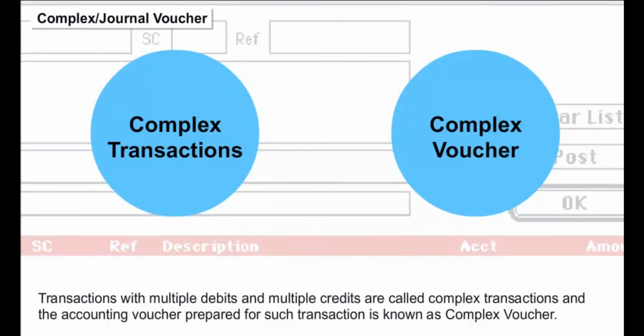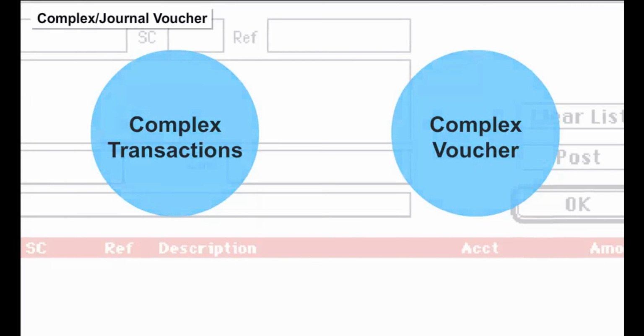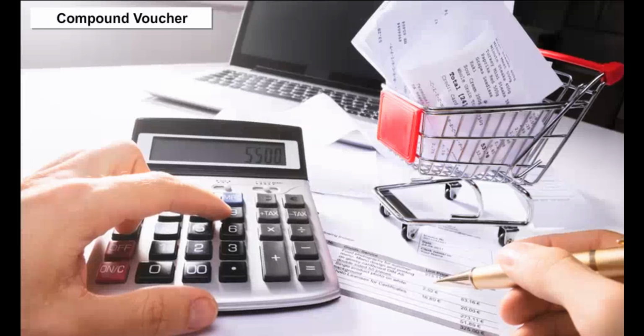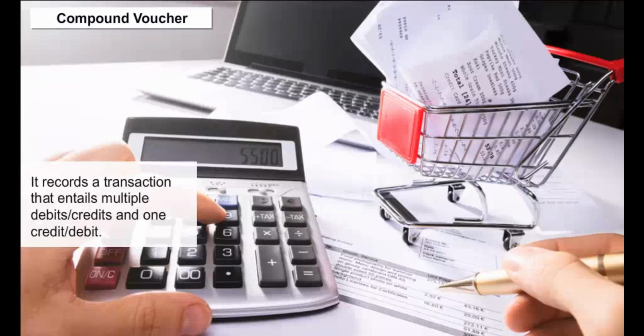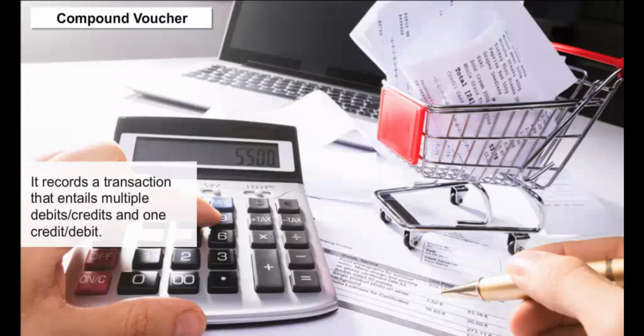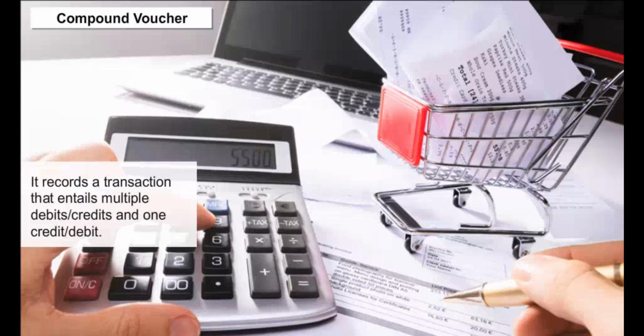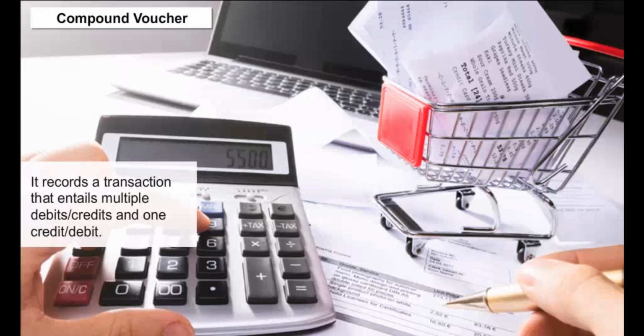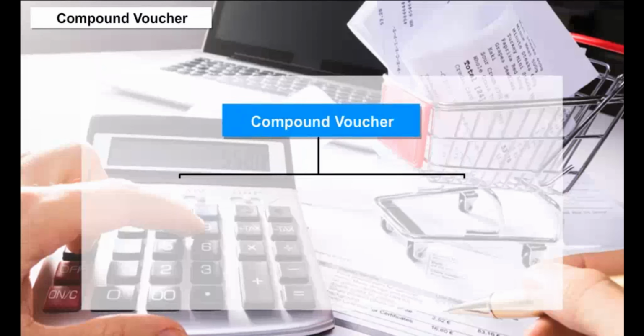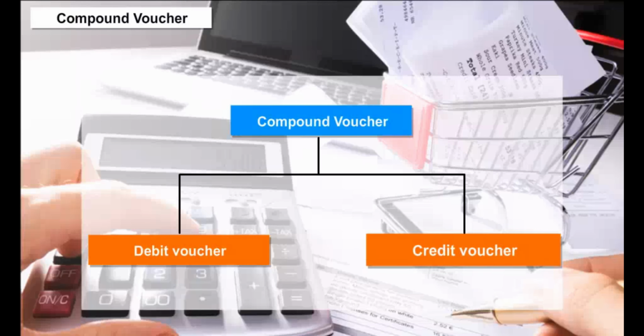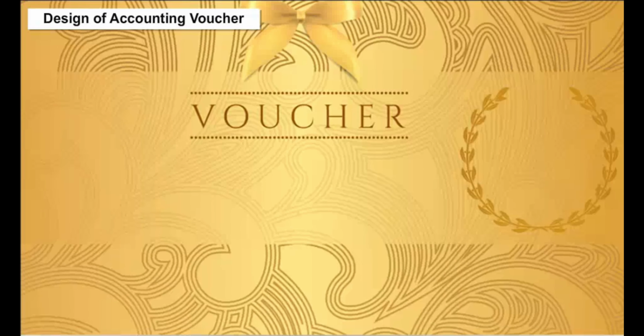This voucher is also known as a journal voucher. Compound voucher. It is a voucher that records a transaction that entails multiple debits and one credit, or multiple credits and one debit. Types of compound voucher: debit voucher, credit voucher.